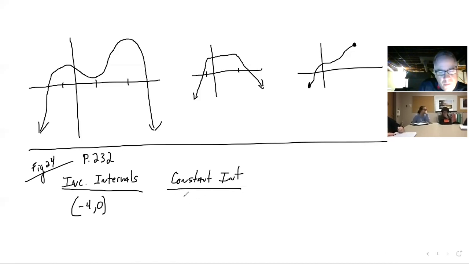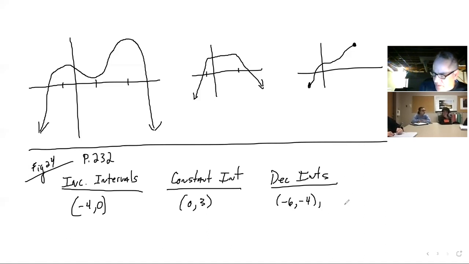The constant interval would be going from where x is 0 over to where x is 3. And you can see that flat horizontal line, you're getting an output of 4 every single time. And decreasing, and this would actually be intervals, you'd be decreasing from -6 to -4.